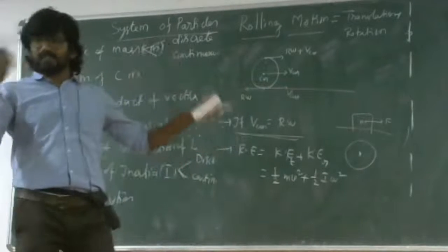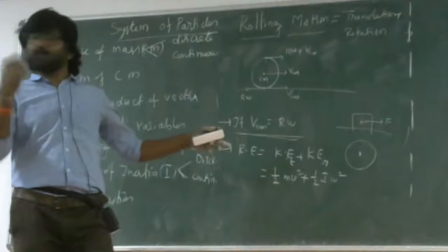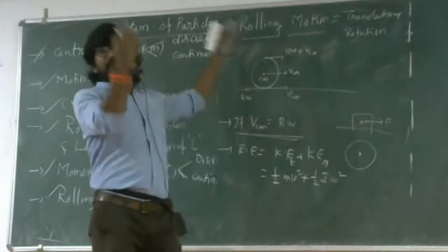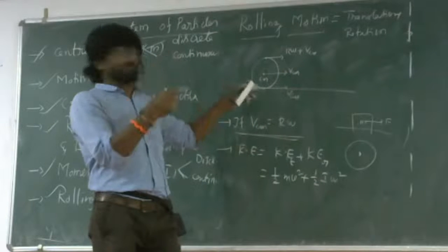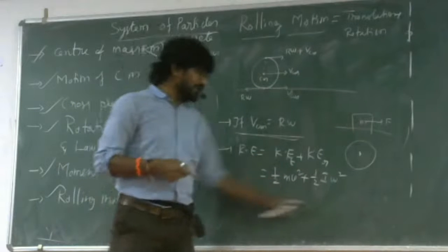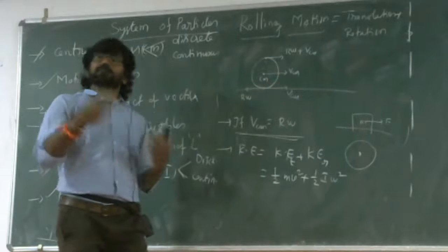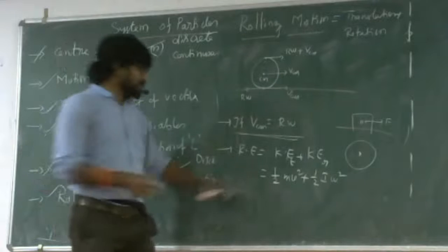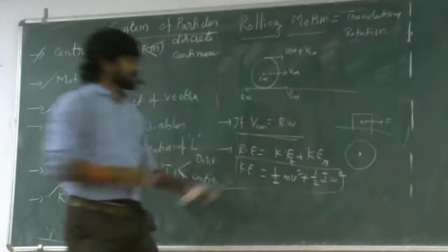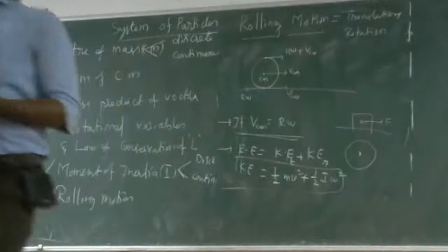But omega you can write in terms of v and r also, because omega equals v by r. If you substitute I with the moment of inertia of that particular body, the disc or sphere, then you will get this entire term in terms of v and r also. So this is the total kinetic energy of the rolling body. It is equal to translational kinetic energy plus rotational kinetic energy.